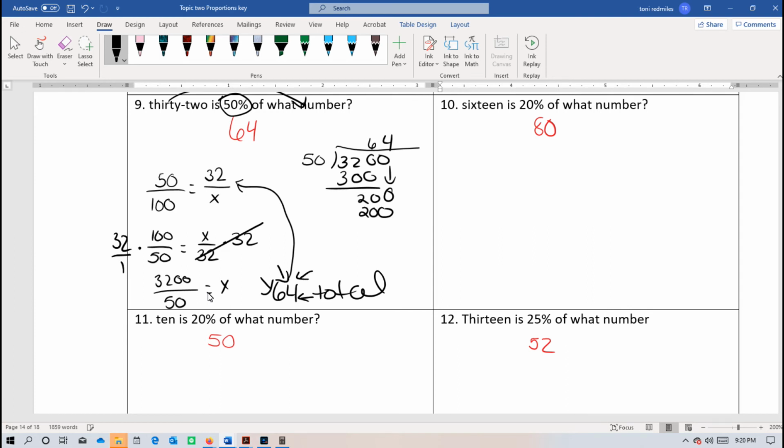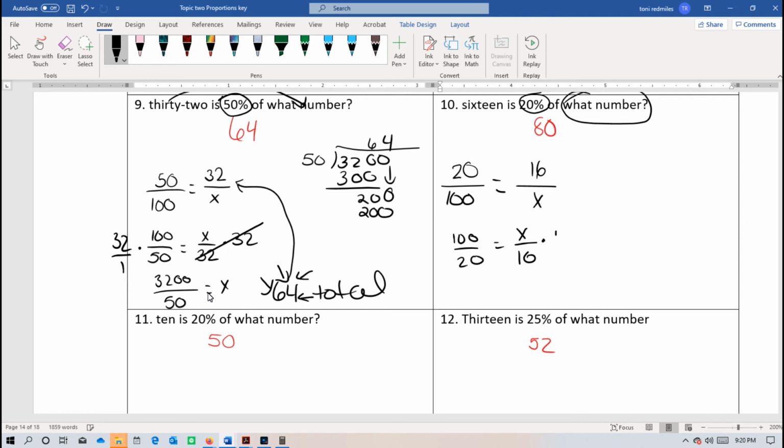All right? So let's do the next one. So I identify my ratio for my percent. 20% would be 20 over 100. We should get that by now. All right, 16 is 20% of what number? Of the total. Okay, I don't know what the total is. So my x is on the bottom again. Again, it's just as easy as a flip.